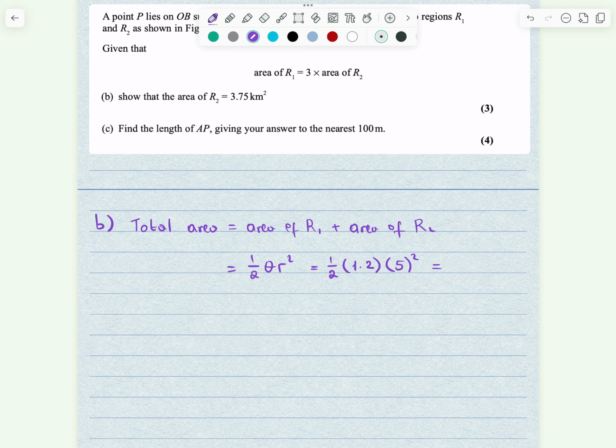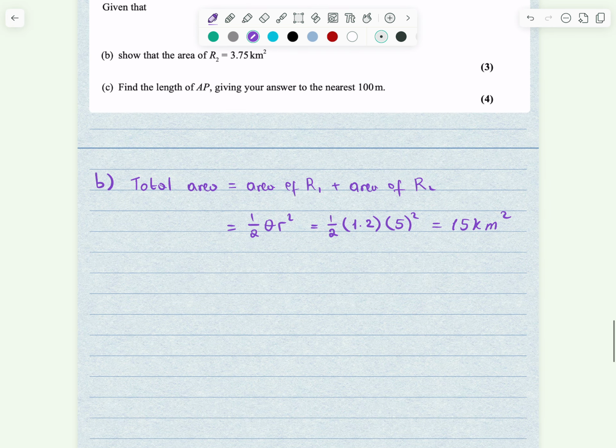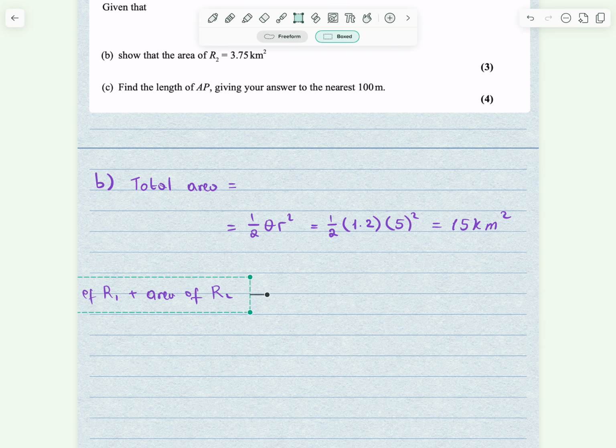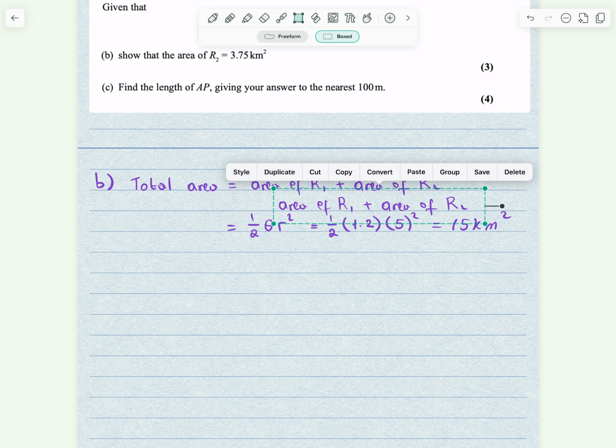If you put this into your calculator, you're going to have the total area as 15 kilometers squared.